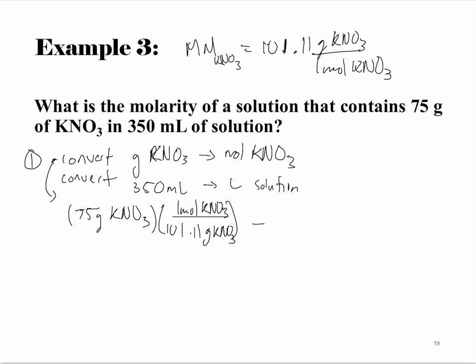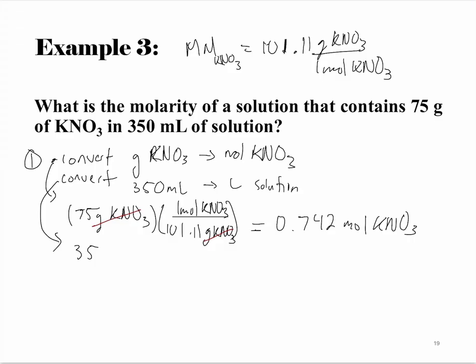Our units cancel out, grams, grams, and we're left with our answer in moles. And so what do you guys get for that? Should be 0.742 moles of KNO3.